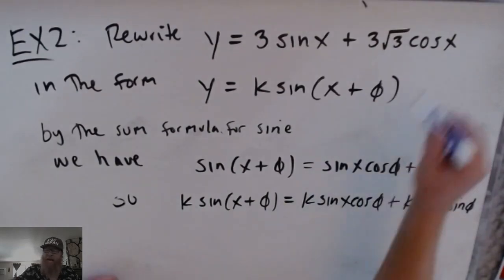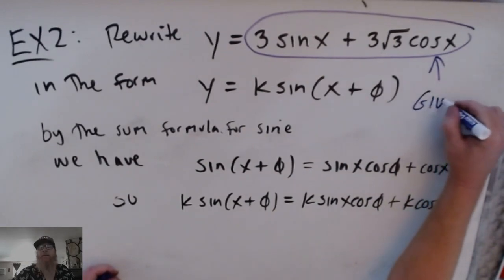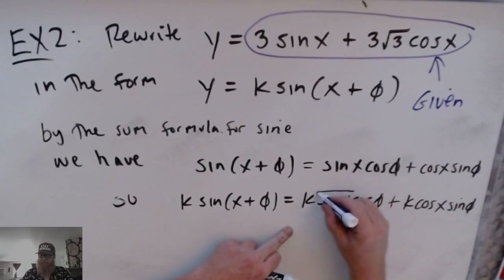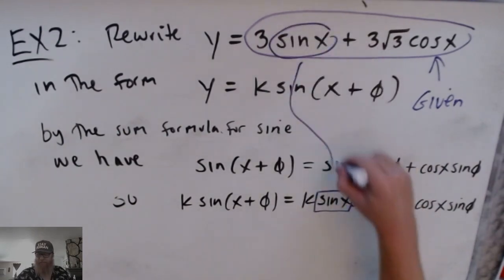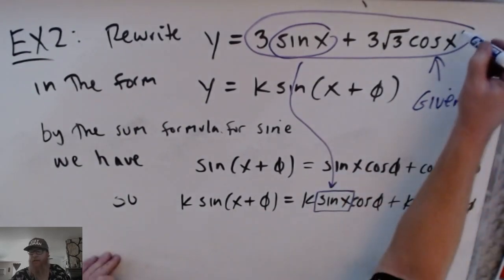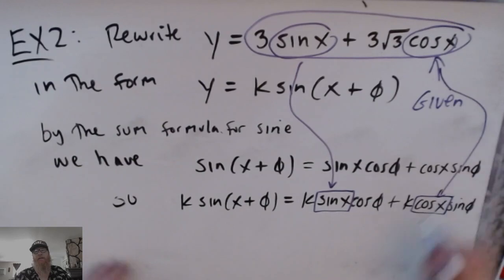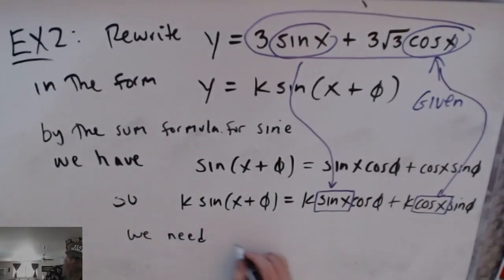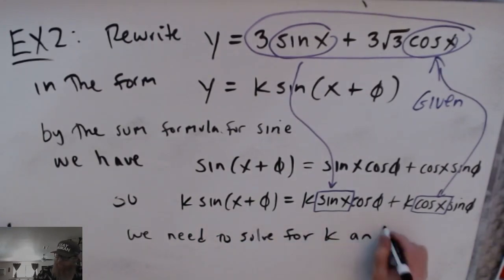Look at what we have. This is what we're given: sine x and cosine x. So we need to solve for k and phi.